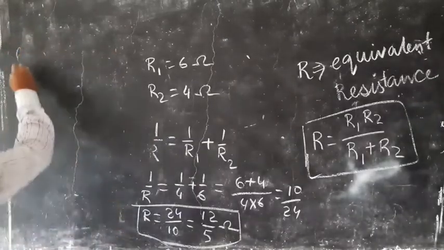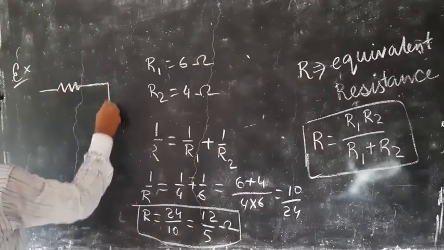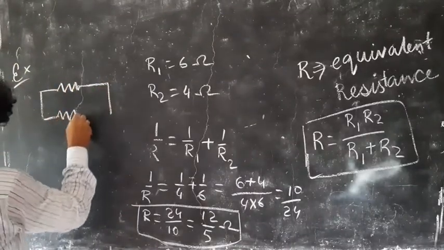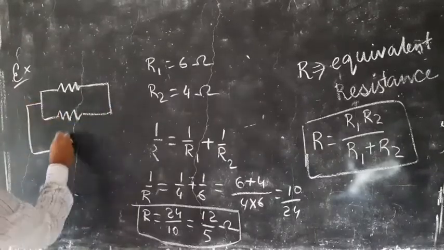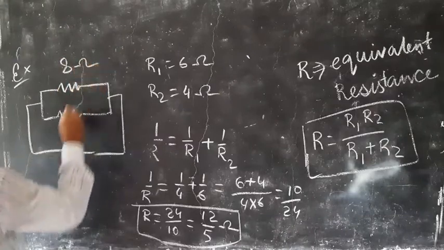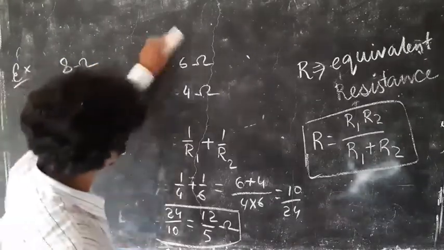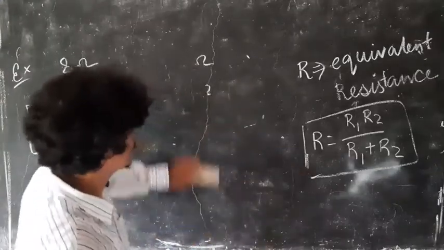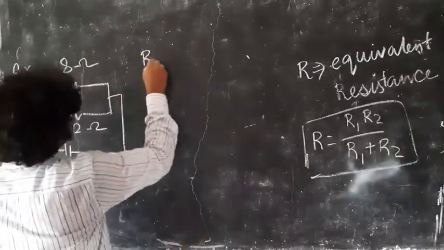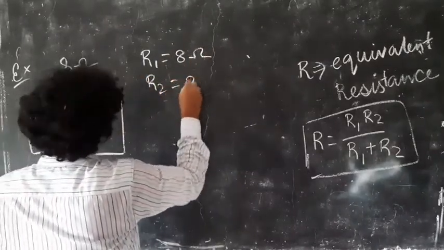So let us take another example. This is 8 ohm and this is 2 ohm. So here R1 is 8 ohm, R2 is 2 ohm.